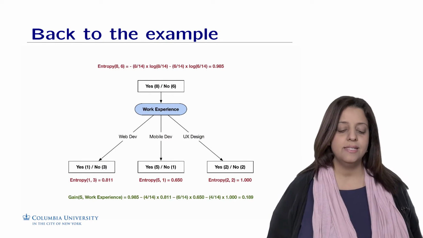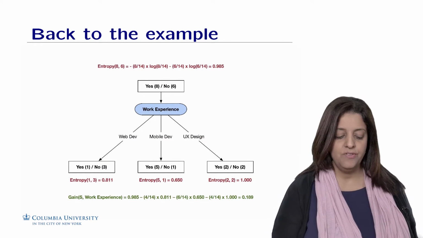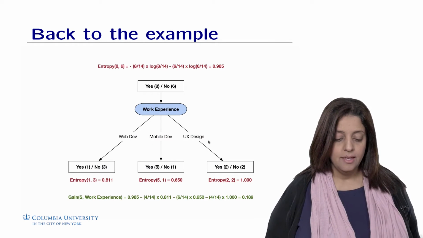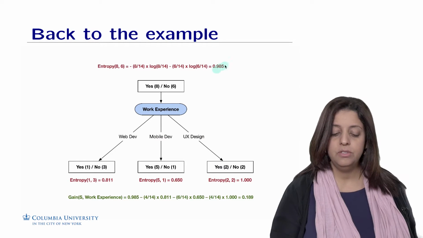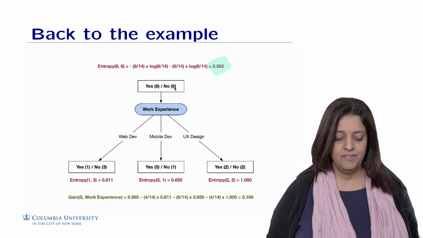We'll do a similar process for the feature work experience, which splits based on the 3 values of web dev, mobile dev, and UX design. The entropy at the root is the same, because we always have 8 positive versus 6 negative at the top.